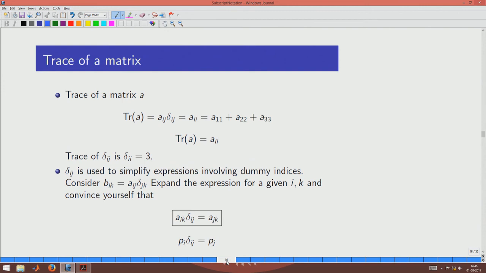Okay. So, let us look at an expression like this. A matrix A is given by this, A11, A12, A13.